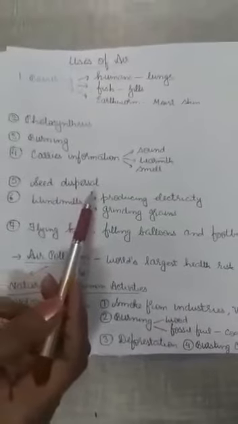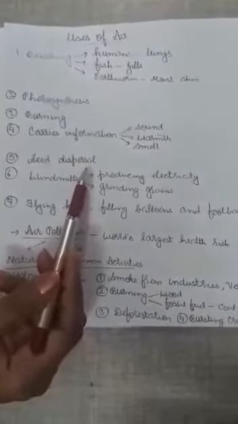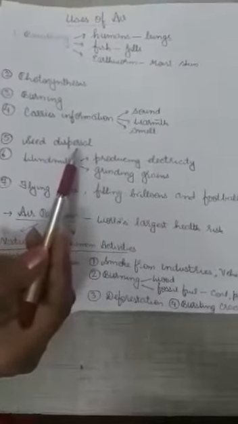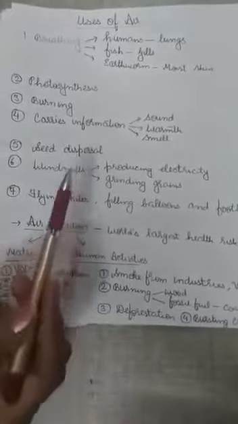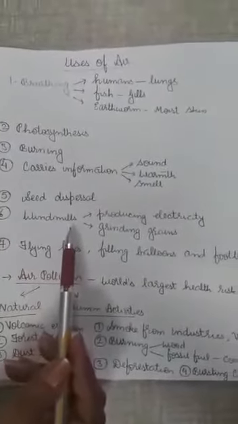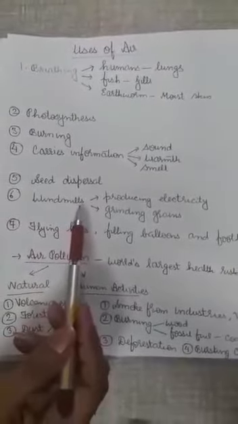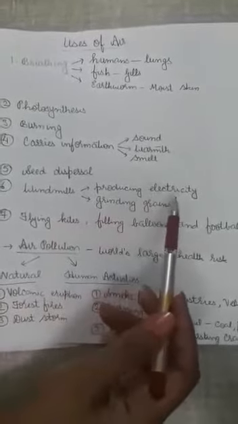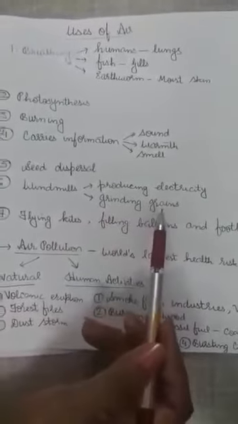Next, it helps in seed dispersal. There are various very light seeds which are carried by the air to different places, and then these plants grow in different areas. Next, it is also required for windmills. When the air blows, the blades of the windmill rotate, which helps in producing electricity and for grinding grains.